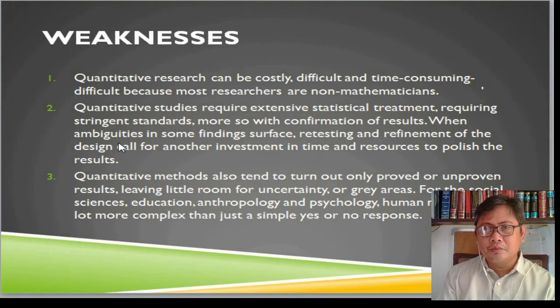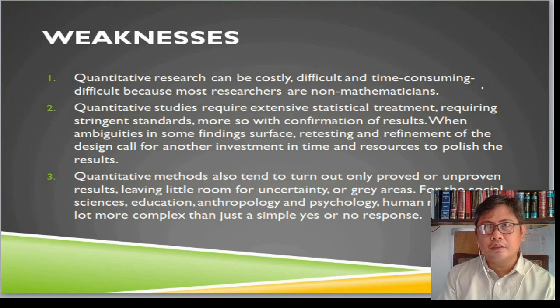Number 2, quantitative studies require extensive statistical treatment, requiring stringent standards, more so with confirmation of results. When ambiguities in some findings surface, the testing and refinement of the design call for another investment in time and resources to polish the results. So if you have what we call erroneous data, definitely you need to recompute again.